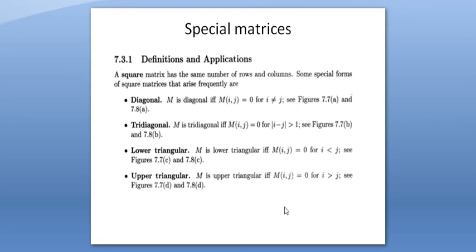Rather, we will always think as if the index for a matrix starts from 1 1. So the tridiagonal matrix definition goes like this: M is tridiagonal if and only if M of ij is equal to 0 for magnitude of i minus j greater than 1.